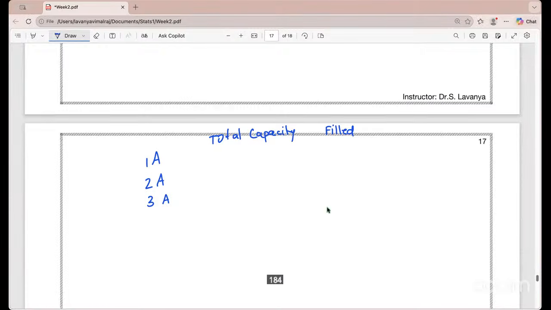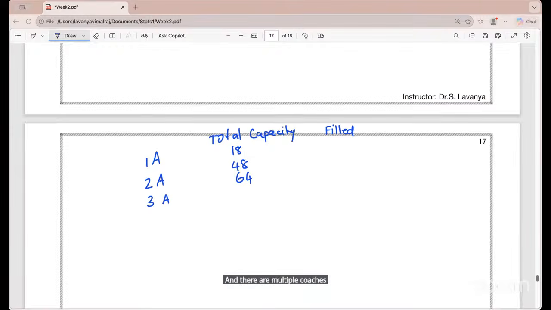18, 48 and 64. So this is the total capacity, and on a specific day, 10 and half of 2A and 275 were filled. That's the total capacity of each coach, right? Yes, it's the total capacity of each coach, and there are multiple coaches for each class in the train.